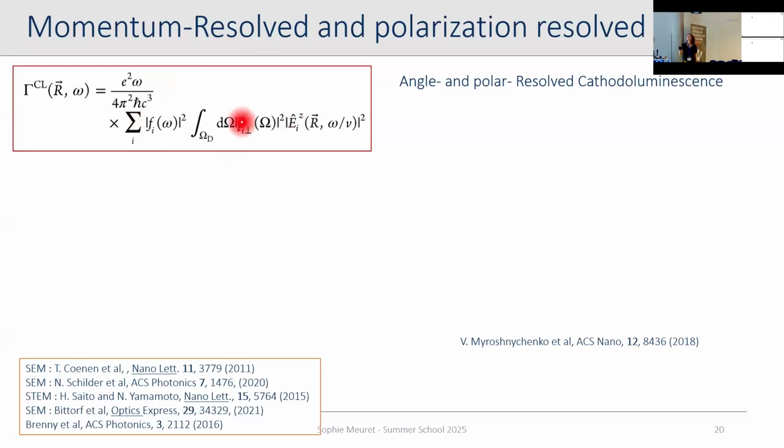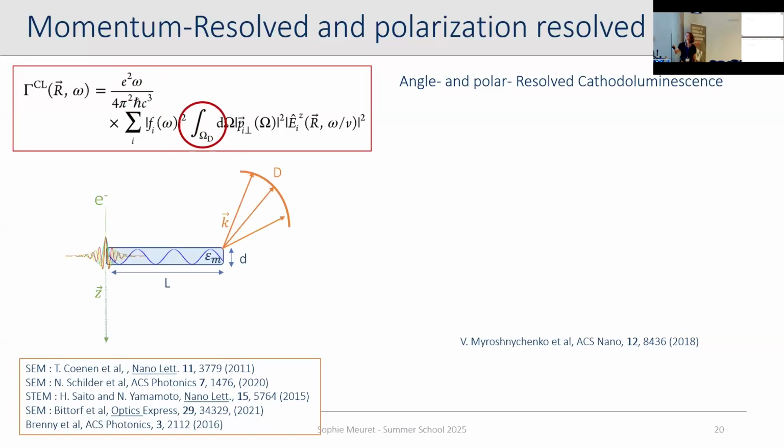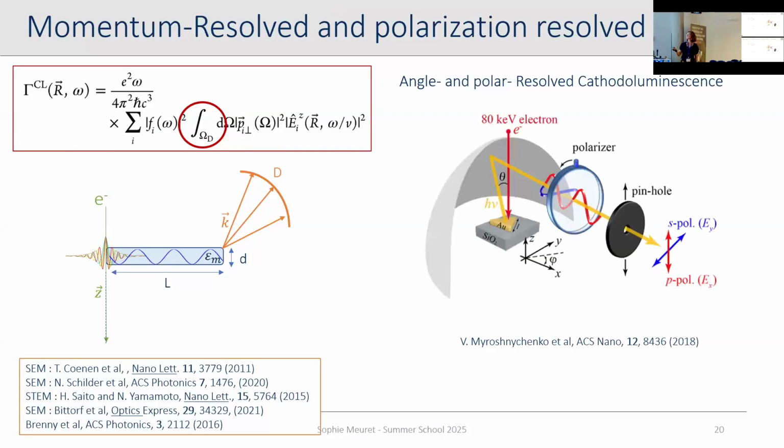There is something I didn't mention in this formula, something that was a little under the carpet, which is this integral that you see here over something called omega d, which is actually the different angles of your parabolic mirror. But if you're able to resolve the different angles, you're able to resolve in momentum. And if you also resolve in polarization, then you have angle and polarization resolution, which means that you're able to distinguish the different modes.